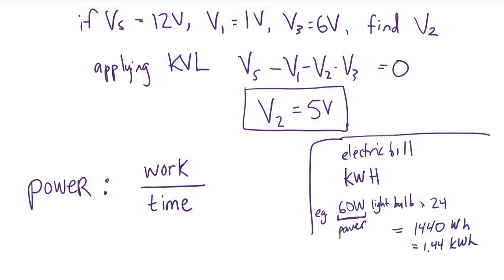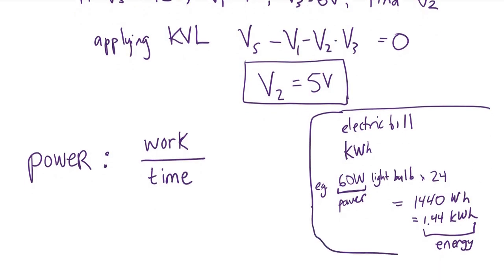The hour sign is usually actually lowercase. So the power is the power rating that the light bulb is using per unit time, and the total energy that you used is this. So this is energy. That's just an aside because people tend to get those two things confused.